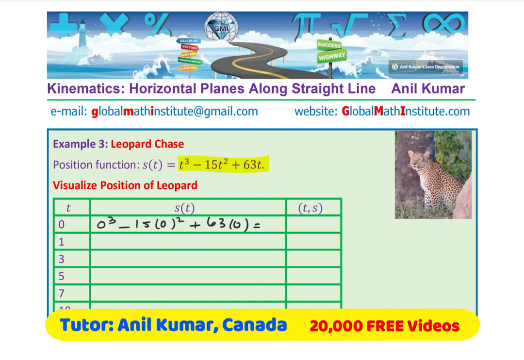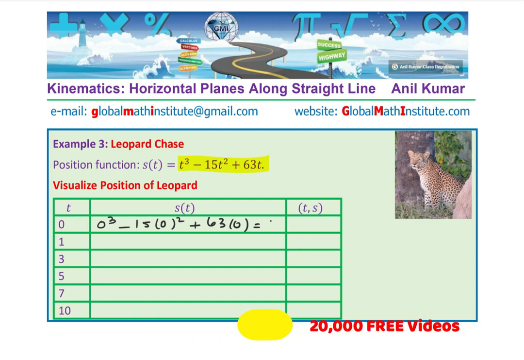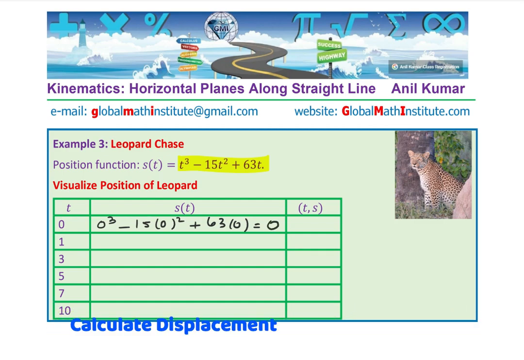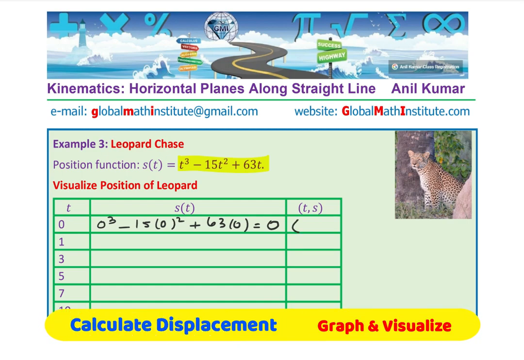Since we have 0 everywhere, it will be 0, and the coordinate point on the displacement graph will be (0, 0). Is that clear to you? Simple as that. Now let's put 1 here.